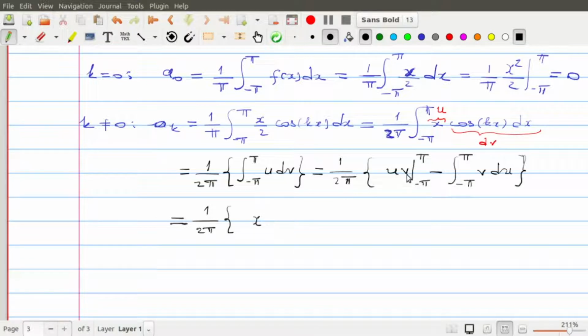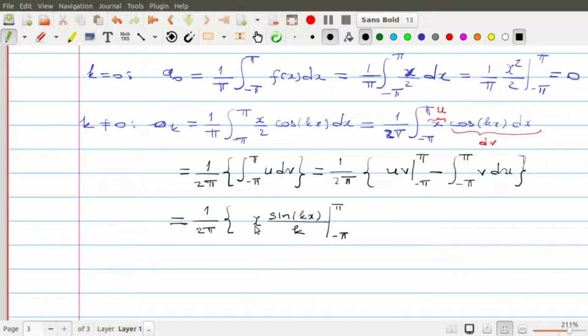V, which is the antiderivative of cosine kx dx, is sine kx by k, and we put the limit evaluated at these two limits. Okay, so those are the limits of this evaluation.